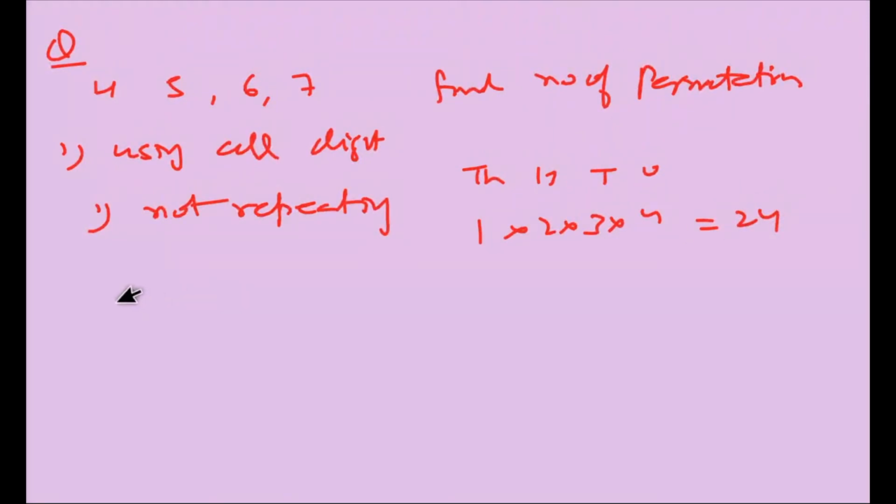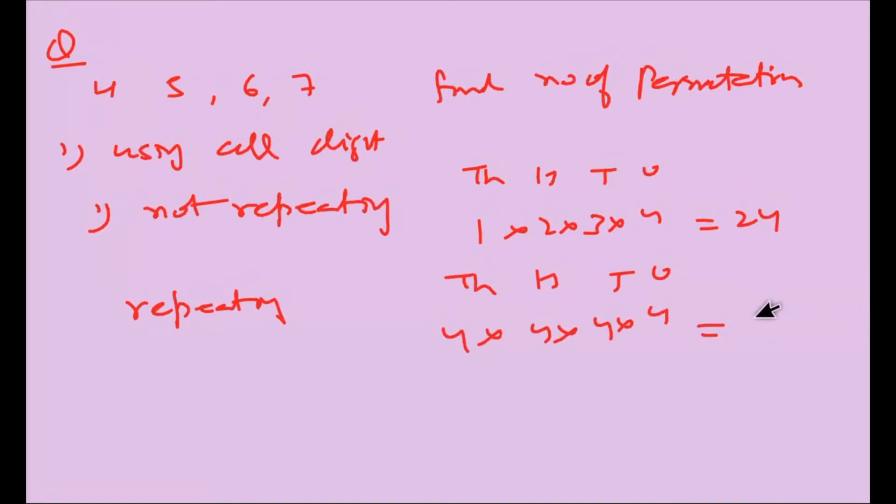Okay, repeating: the unit place, tens place, hundreds place, and thousands place can be filled by 4 into 4 into 4 into 4 ways, that is 4 to the power 4, which is 256. That is if you repeat these digits, using all digits. Right students?